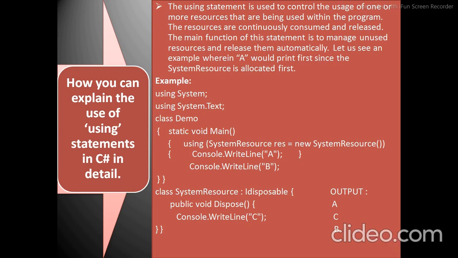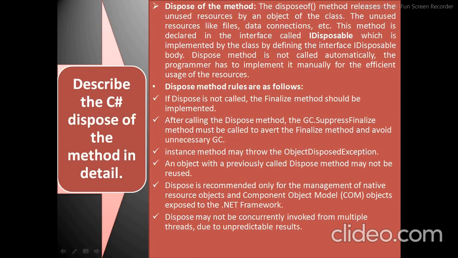So here is the example of class Demo where we are using system resources as an interface. We are taking objects of this and here the output would be A, C and B because we are using system resource for A first. Hope you understand this.